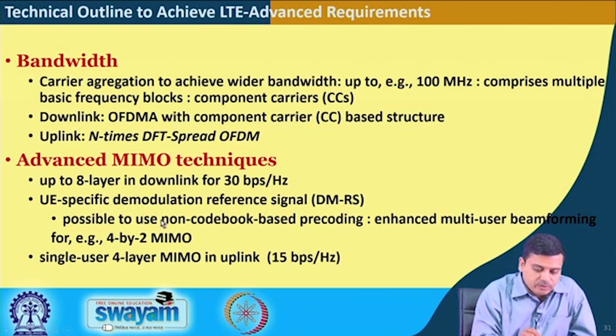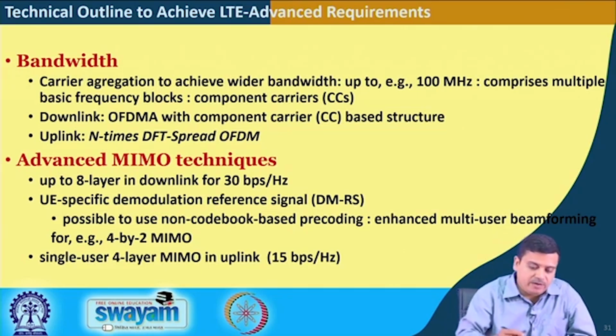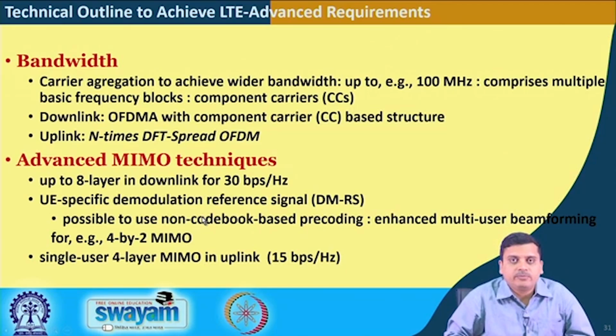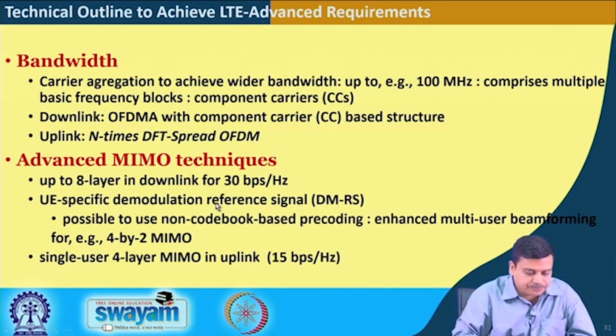Whereas if you use non-codebook based, you can derive the antenna weight vectors, which are complex in nature, so as to match the output signal from the transmit antenna to the channel in the best possible manner. And you can use them in multiple ways, like whether you go for beamforming or for spatial multiplexing. So there is provision to do such things.